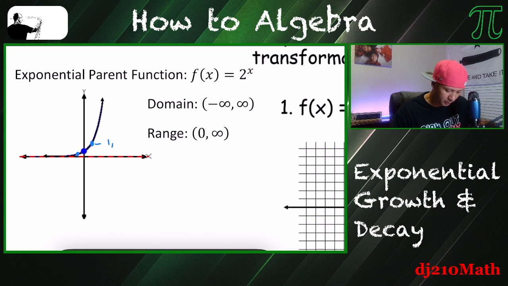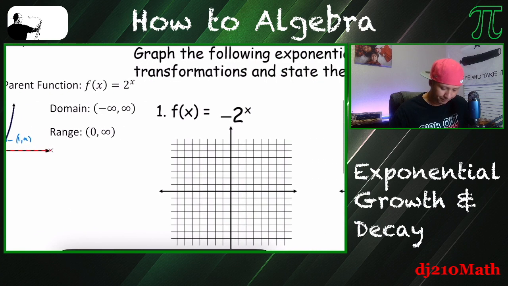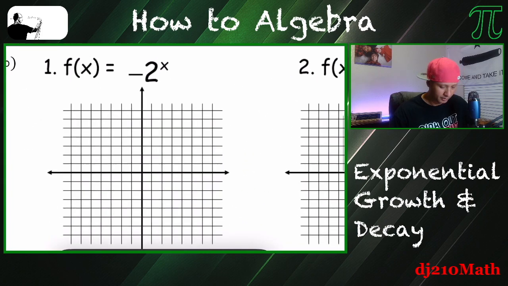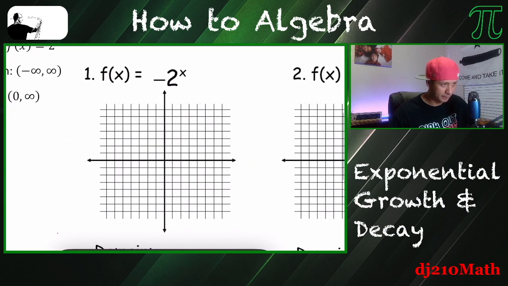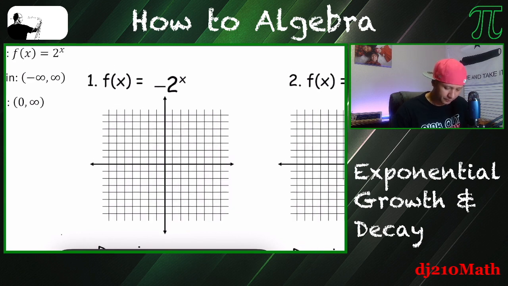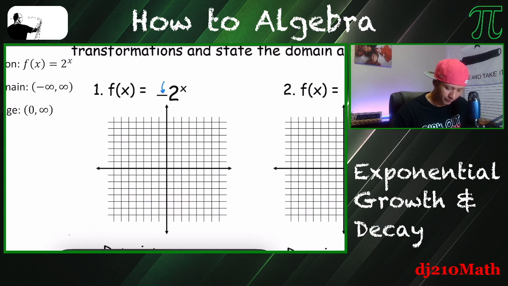This is 1 comma a, this is 0 comma 1, and this is going to be -1 comma 1 over a. That's just the way it is. All right. If we look at the first example, 2 to the x, the negative reflects across the x-axis.